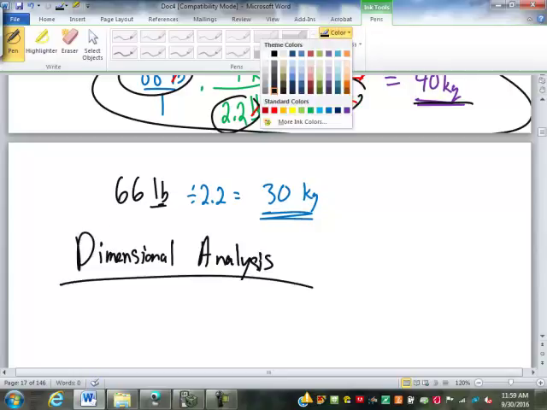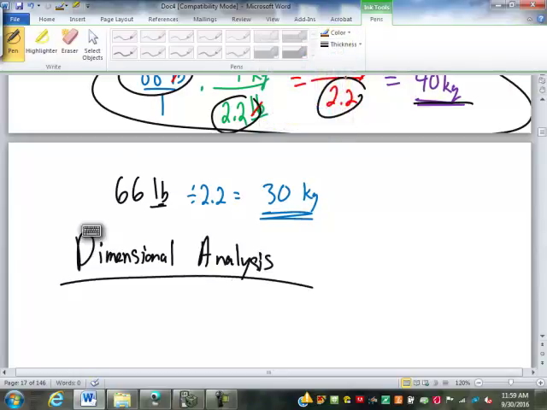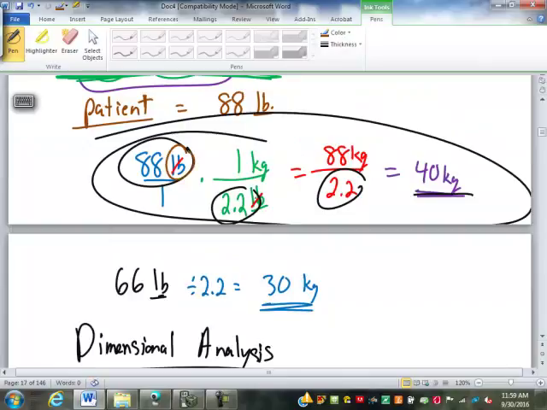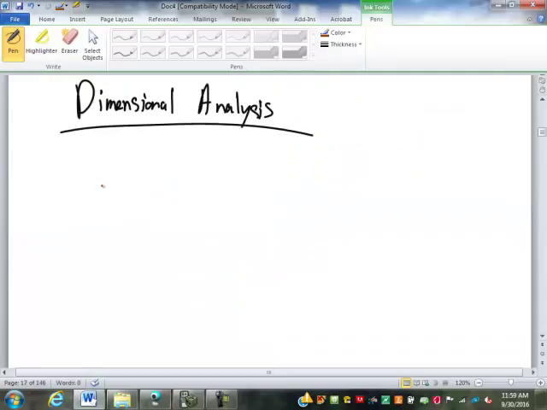Okay, so dimensional analysis is just what we were doing here, where we use the dimensions to tell us where to put the numbers, and then cancel them out just like we would variables within fractions, so that we can do our calculations. And when we do our dosage calculations, one of our methods is going to be dimensional analysis.